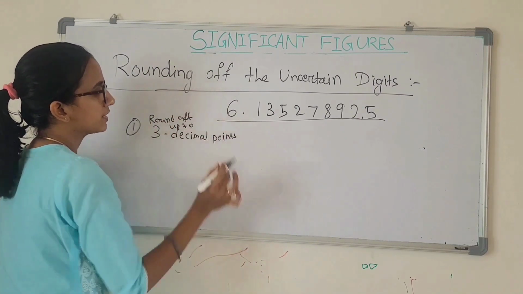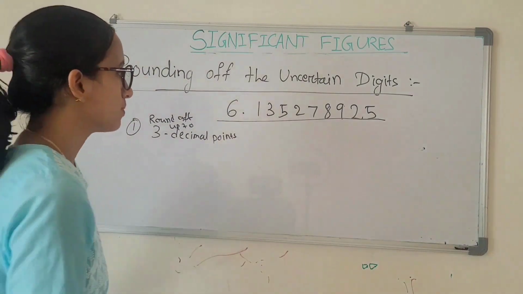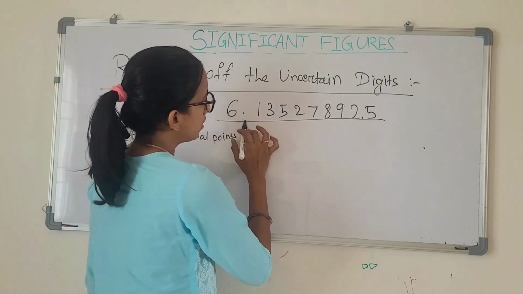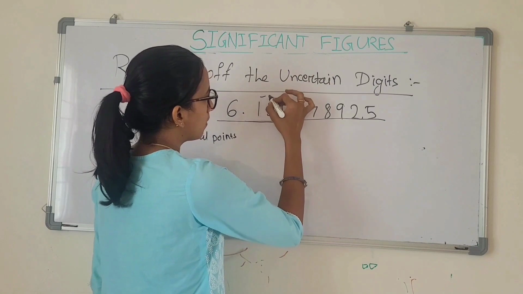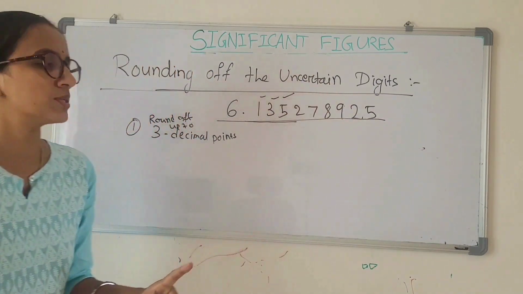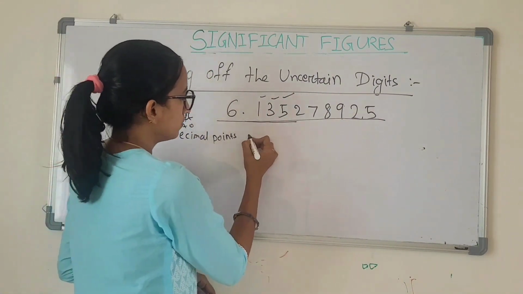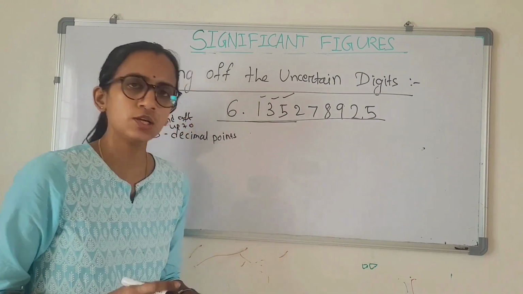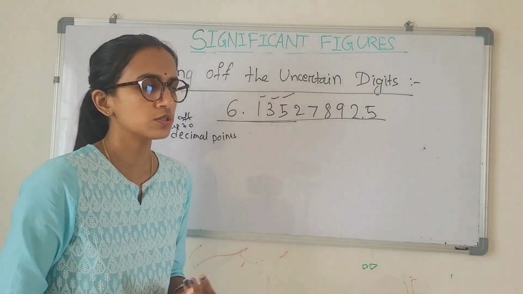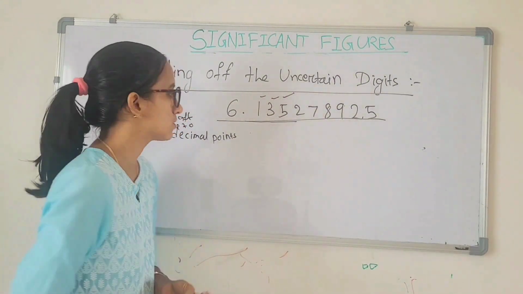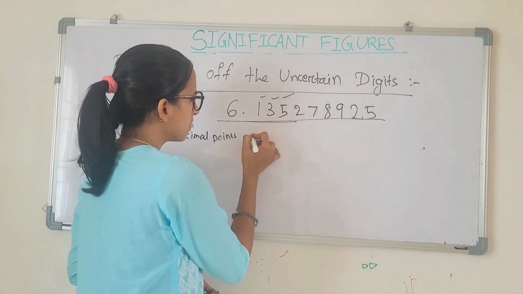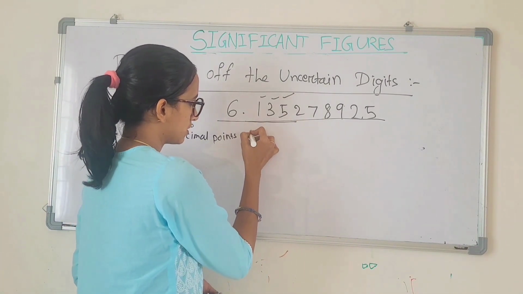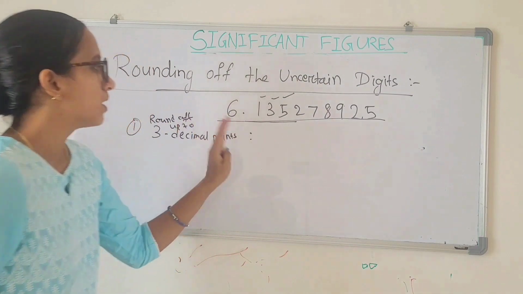Suppose the question says, round off this number up to 3 decimal points. That means you have to round it up to 1, 2, 3 decimal points. There are some simple rules. I think you know those rules; you have used them at school level also. Again, just for revising, I will tell you.